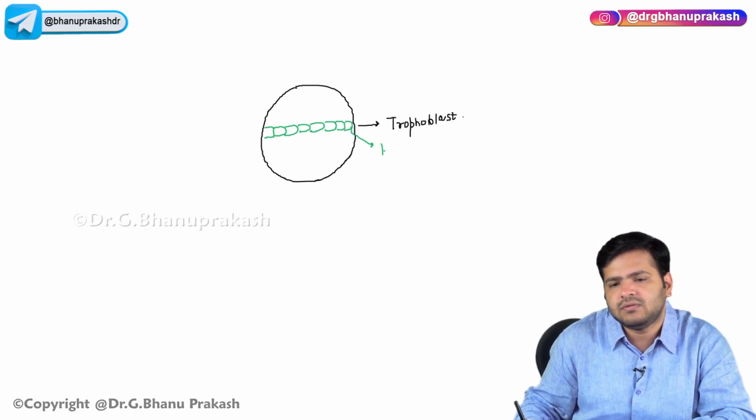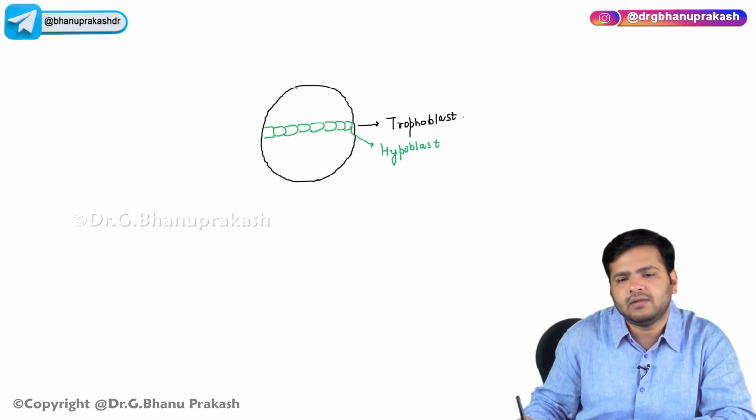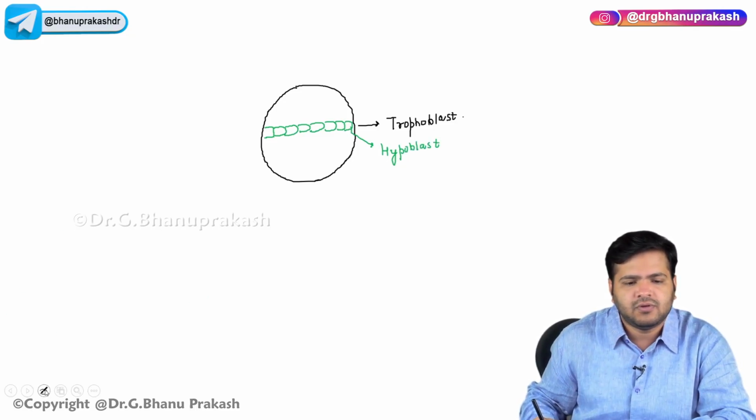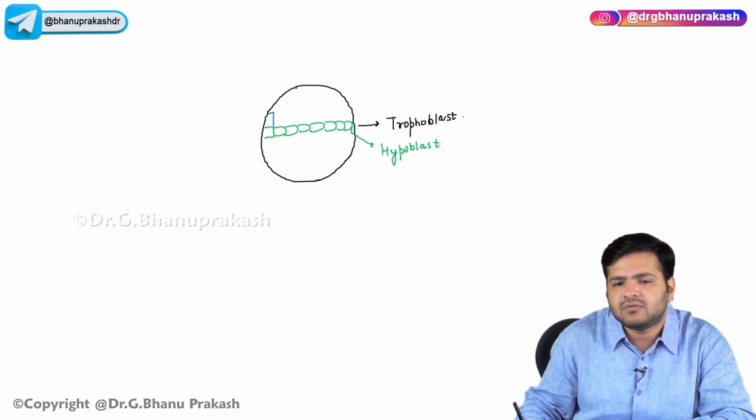So remember this is the hypoblast, and on the top you already know we have this epiblast over here, the tall columnar cells.